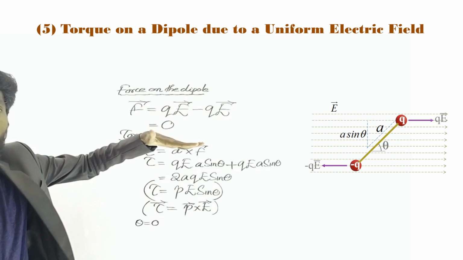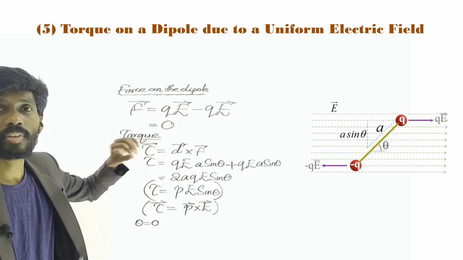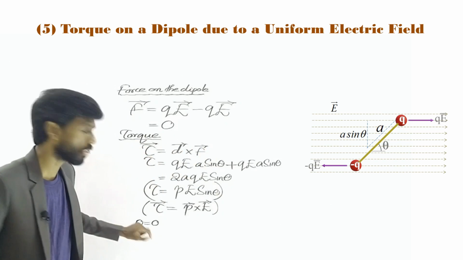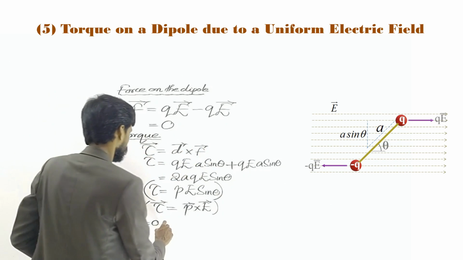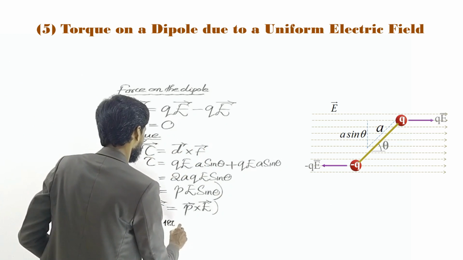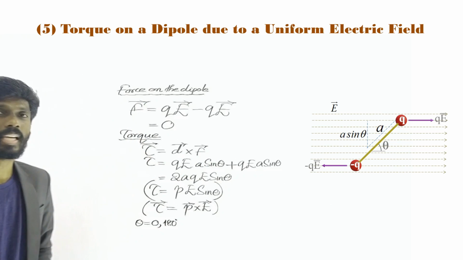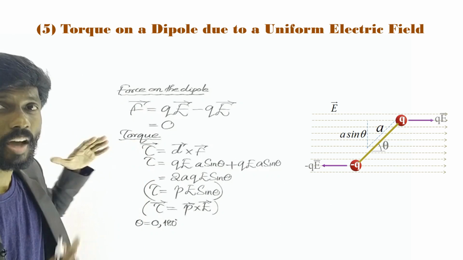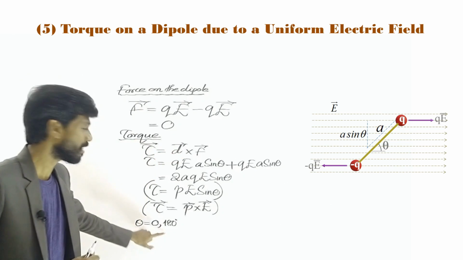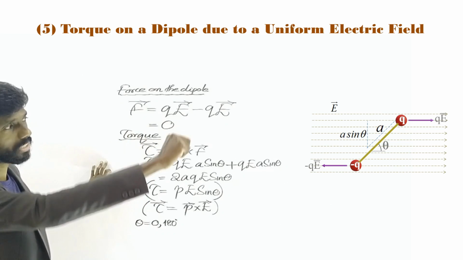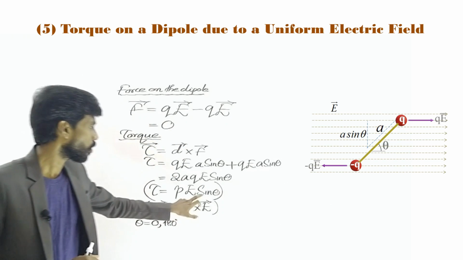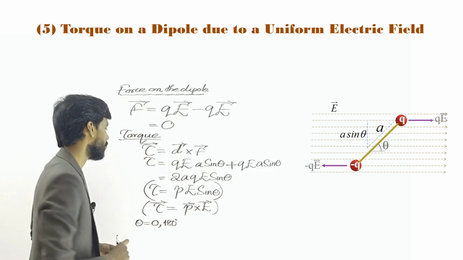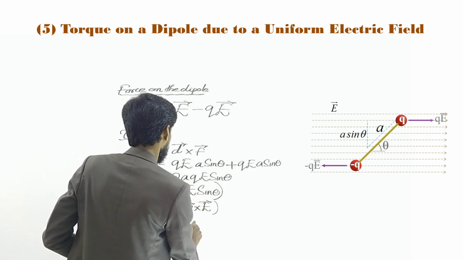Theta is 0, which means the direction of the dipole moment and the electric field are the same. Theta can be 0 or even 180 degrees. In both cases the dipole moment is horizontal. One is in the same direction as the electric field, one is in the opposite direction. In any case, sine 0 or sine 180 degrees, both are 0. So that means the torque is 0.